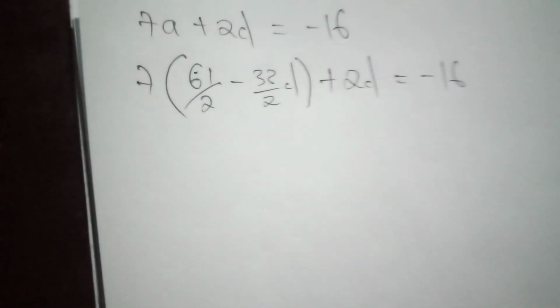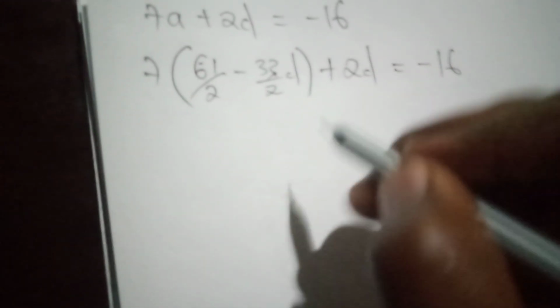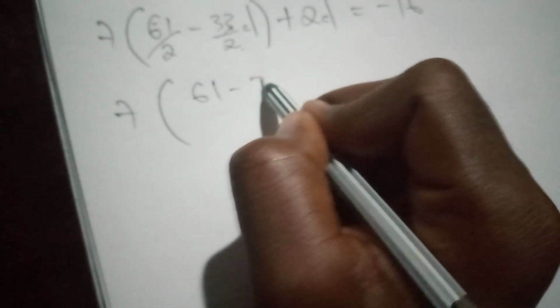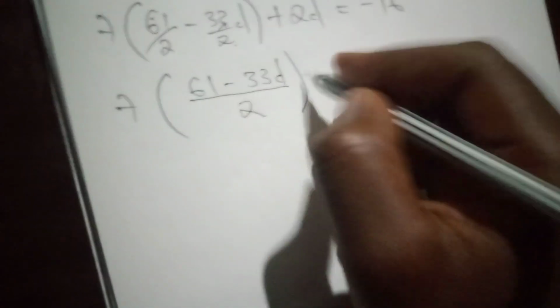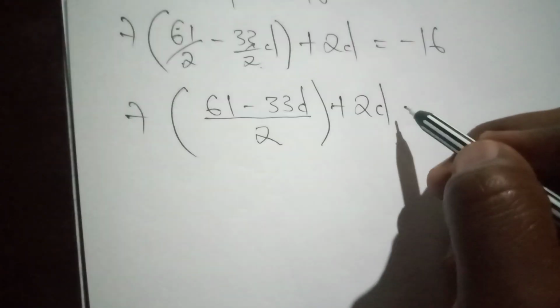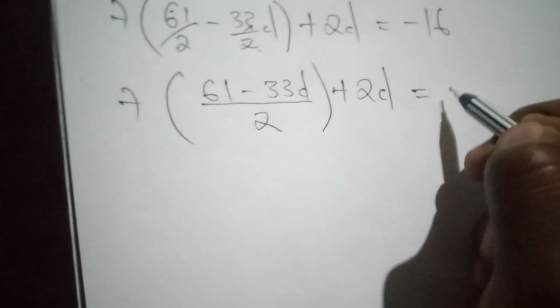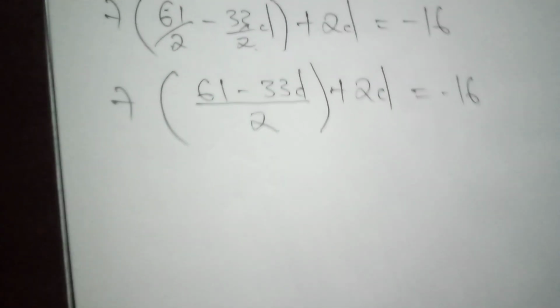So the common denominator is 2, so 61 minus 33d over 2, plus 2d is equal to negative 16.